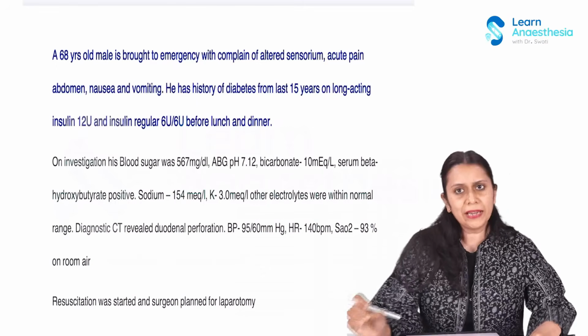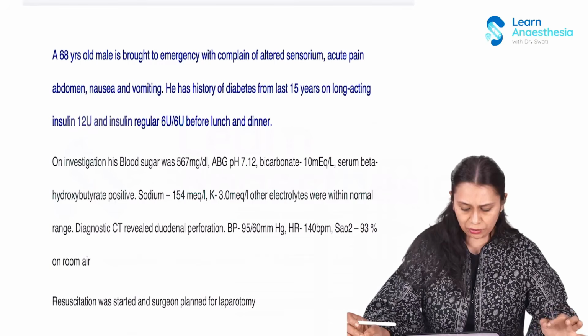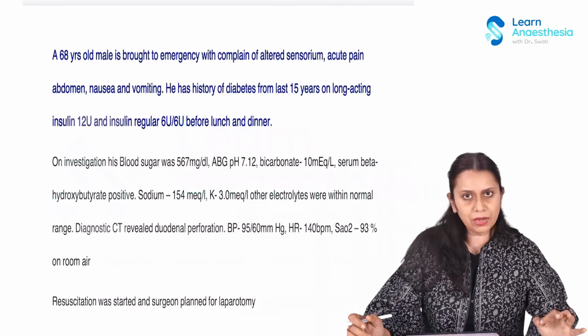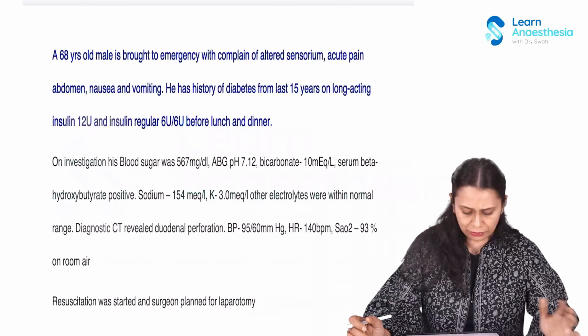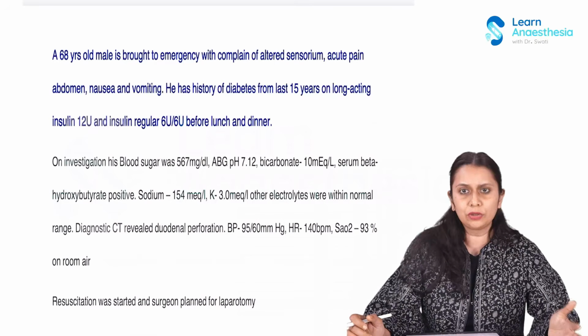So the case scenario is a 68-year-old male brought to emergency with a complaint of altered sensorium, acute pain abdomen, nausea and vomiting. He has a history of diabetes for the last 15 years on long-acting insulin 12 units and short-acting insulin, regular, 6 units before lunch and before dinner.